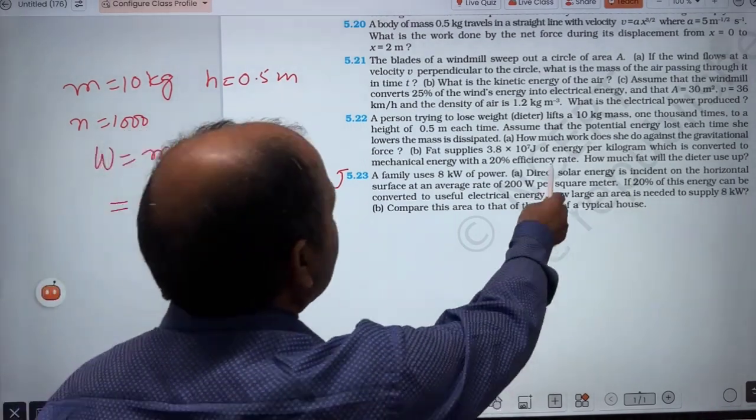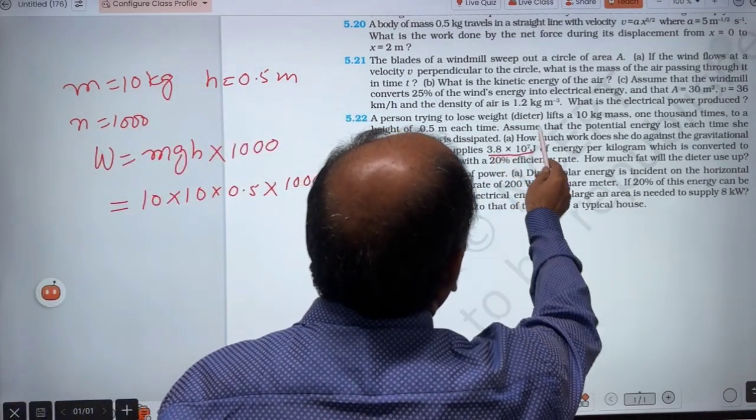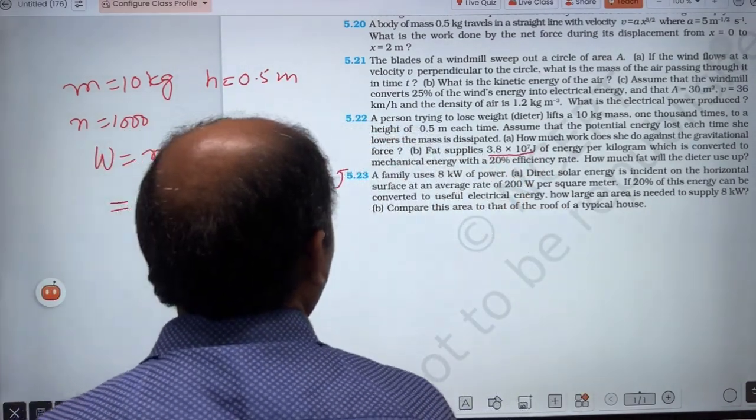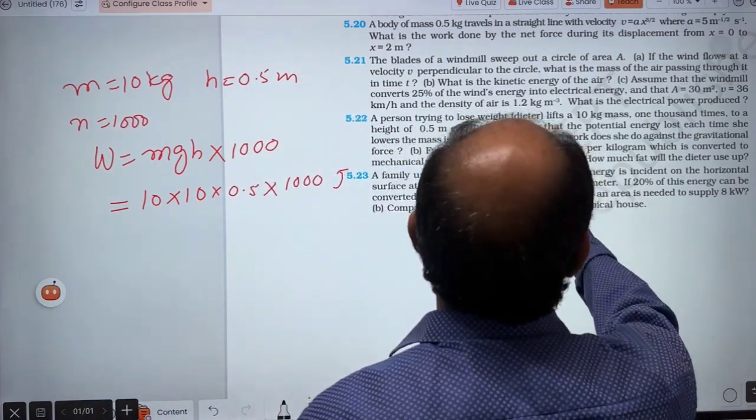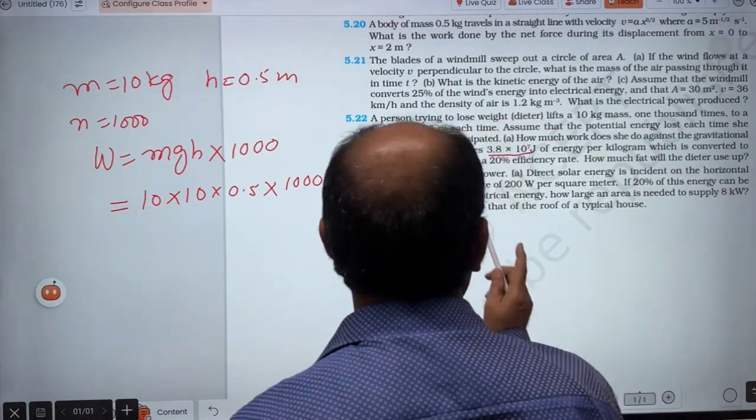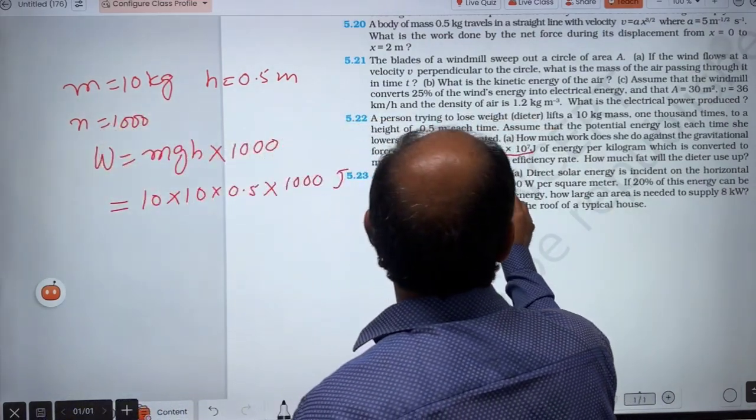Now let's consider the amount of fat consumed. 1 kg of fat gives 3.8 into 10 to the power 7 joule of energy. But efficiency is 20% only.